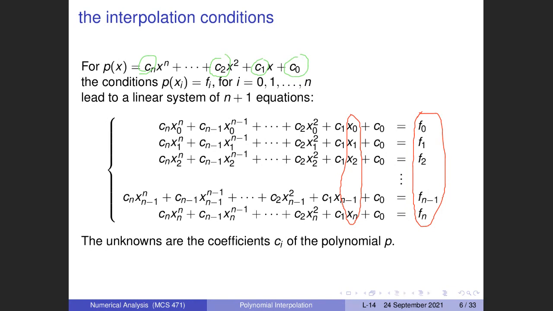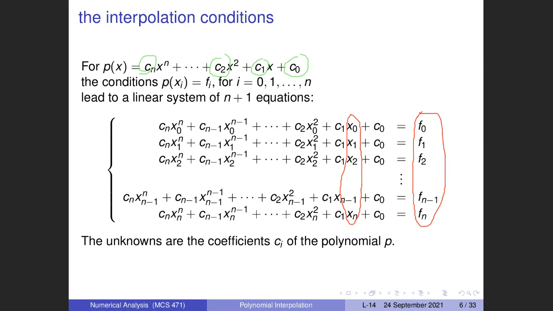So it is important to know this starts out to be a nonlinear problem. We want to compute a nonlinear object, a polynomial, but actually if we know values for x naught, we also know values for all the powers of x naught. So what looks here as a nonlinear system is actually just a plain linear system.